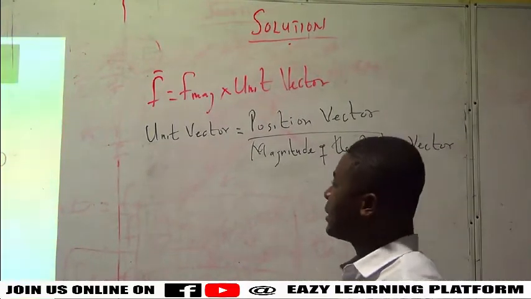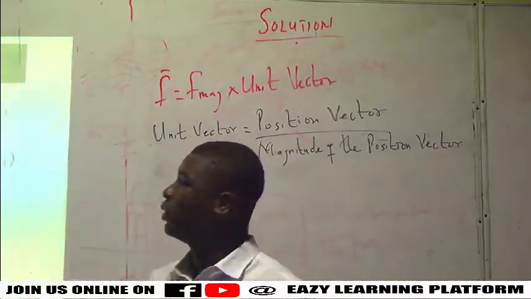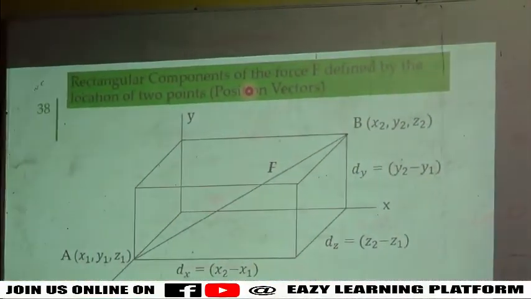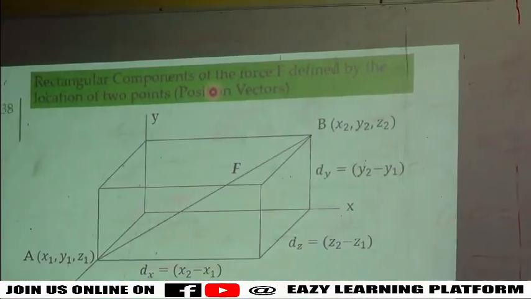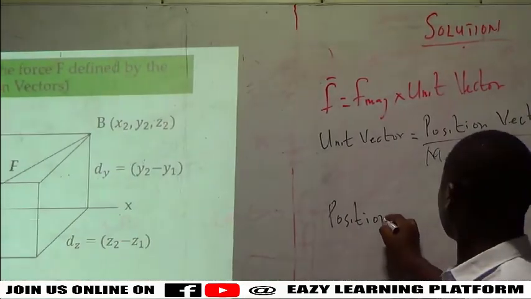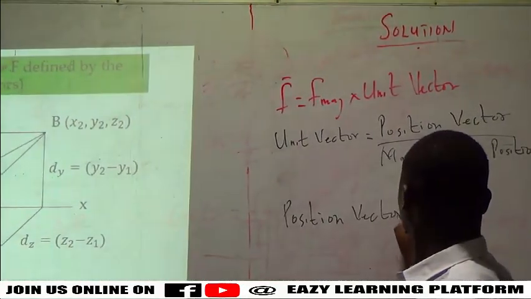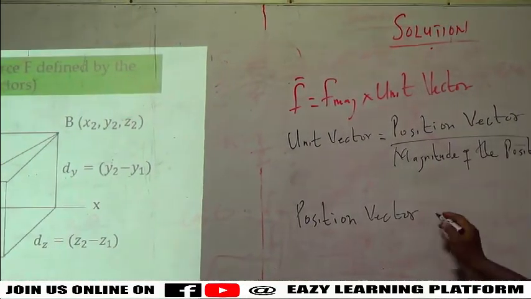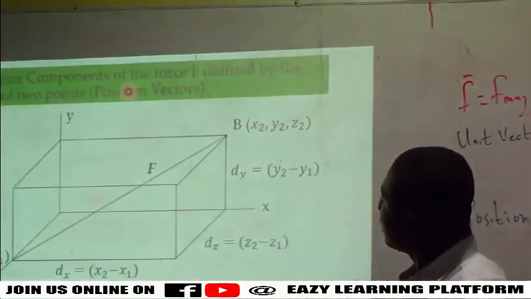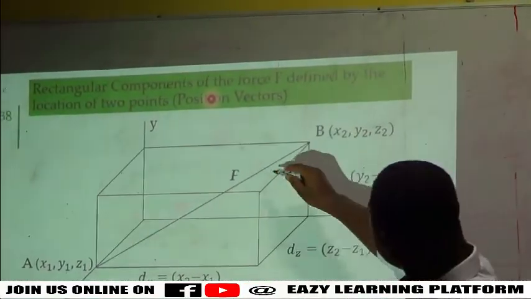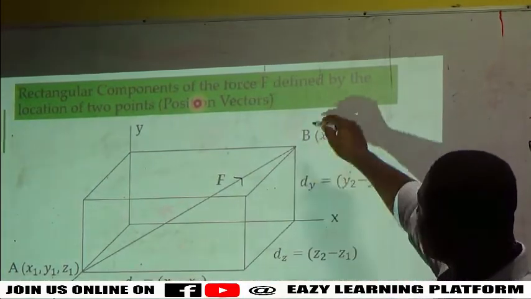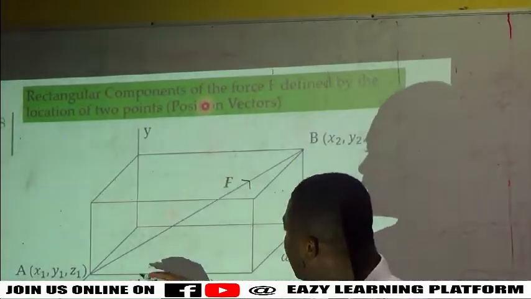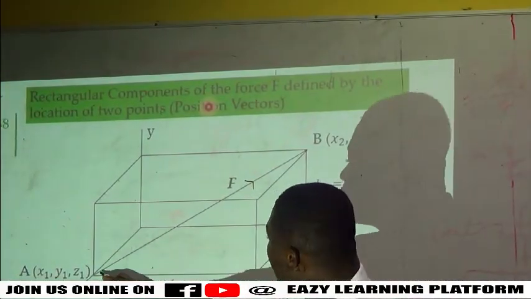Now, in this example, what will be our position vector? The force is moving towards this direction. This is the origin of the force.